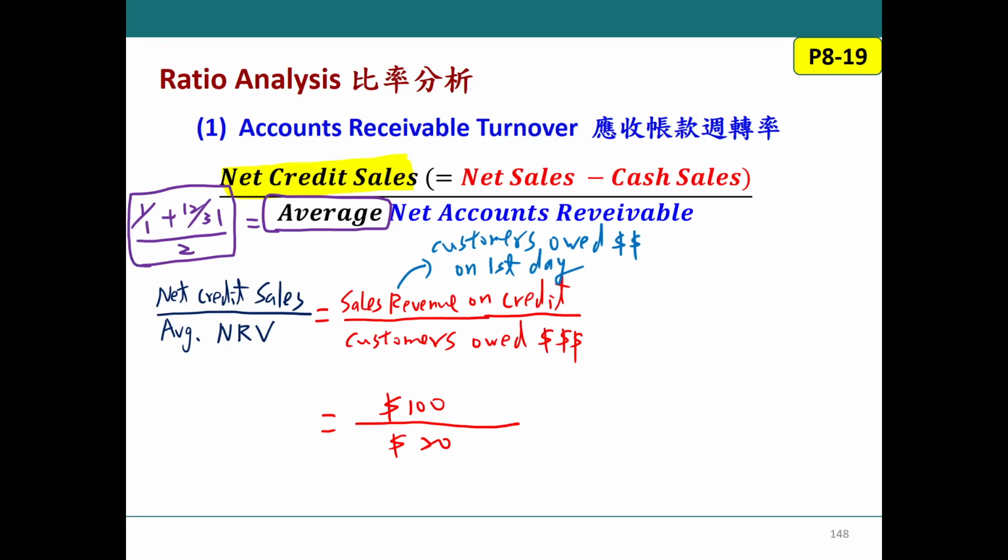So when I use net credit sales, it means sales revenue on credit, where the customer owes you money on the first day. What is the first day? You sold the product to the customer, so they owe you money. NRV means they still owe you money, so customers still owe you money on the last day.